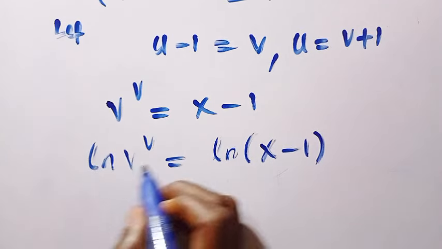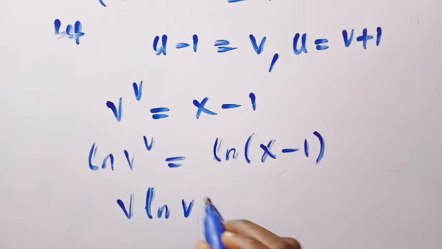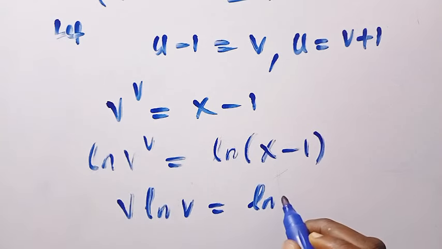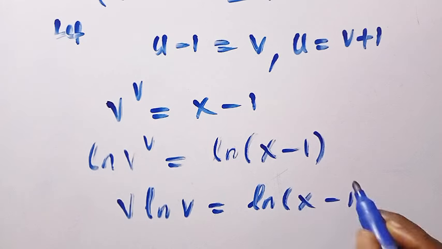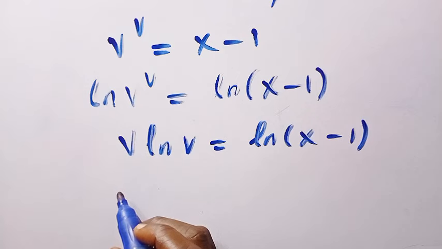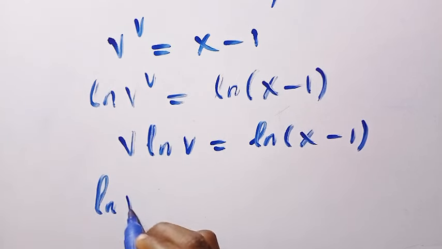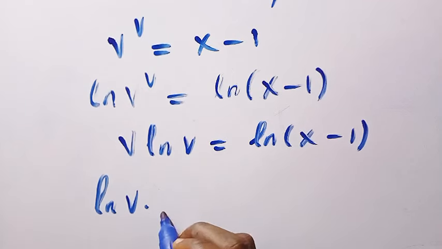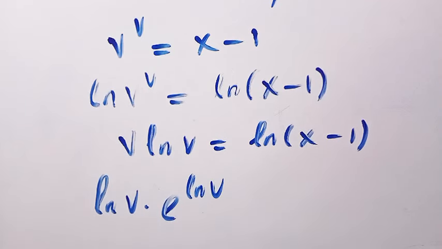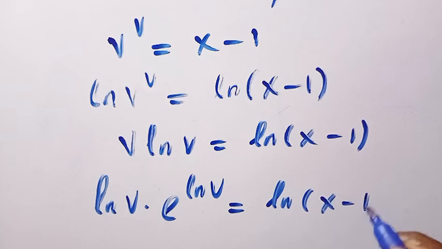By the power rule of logarithms, v comes down, and we have v ln v equals ln of x minus 1. We can write this as ln v multiplied by e raised to the power of ln v, since exponent and logarithm cancel each other. Just a manipulation, and we have this equal to ln of x minus 1.